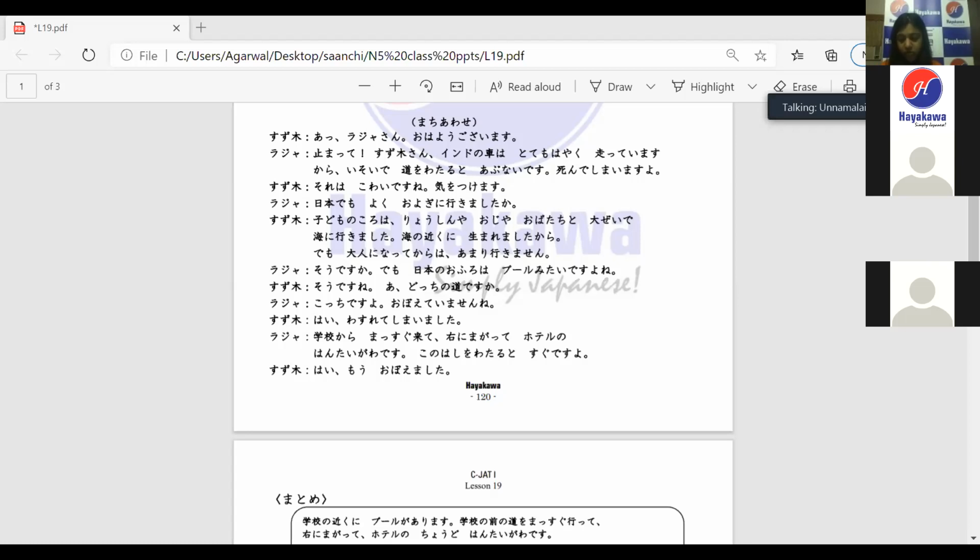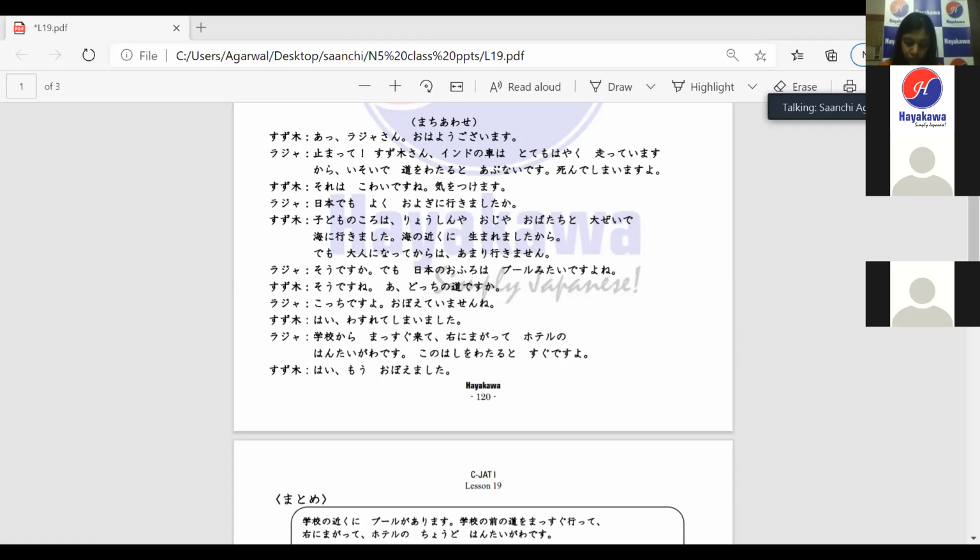Hi, arigato gozaimasu, Shweta-san. So Suzuki-san is saying, Kodomo no koro wa ryoshin ya oji ya obatachi to ozei de umi ni ikimashita.